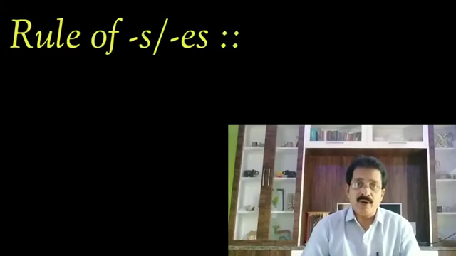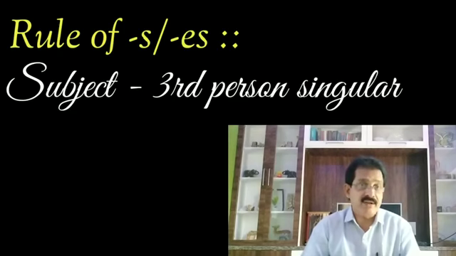Now, if you notice, I said I go to school, we go to school, you go to school, they go to school, but he goes to school. Now what is that? Which person is that? The s, I added es to go because this is a rule of adding s or es to the verb. And that is used only in this case, that is when the subject is third person singular.